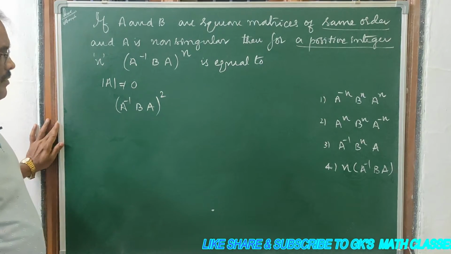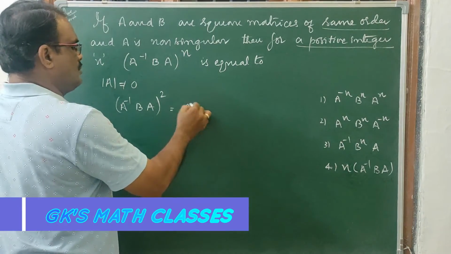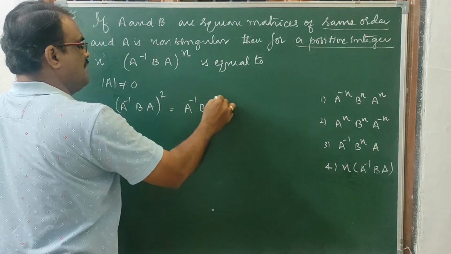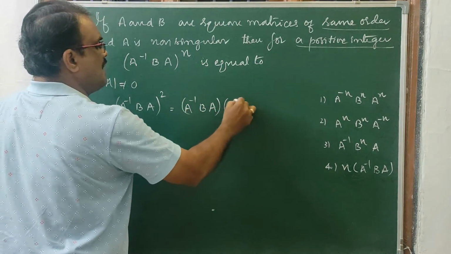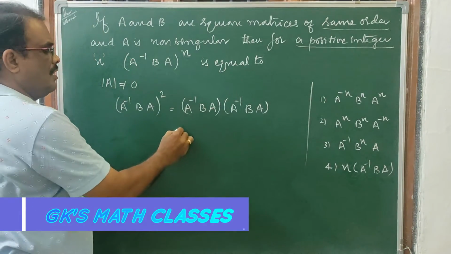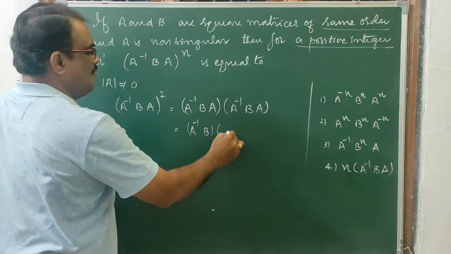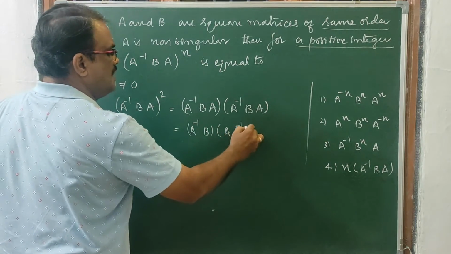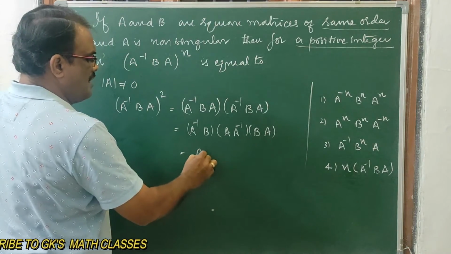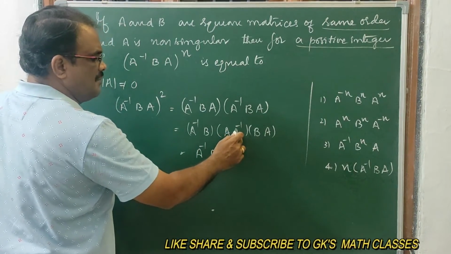What happens? A square is A into A. So consider this is a single matrix. A inverse BA into A inverse BA. We write so. Matrix multiplication is associative. We take A into A inverse BA. A inverse B, A into A inverse is identity matrix.